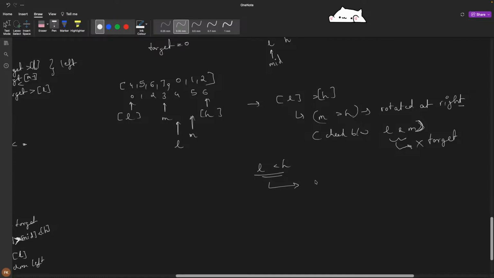When it is normal binary search, we check only if target is less than mid or target is greater than mid. Based on that, I move my left and right.